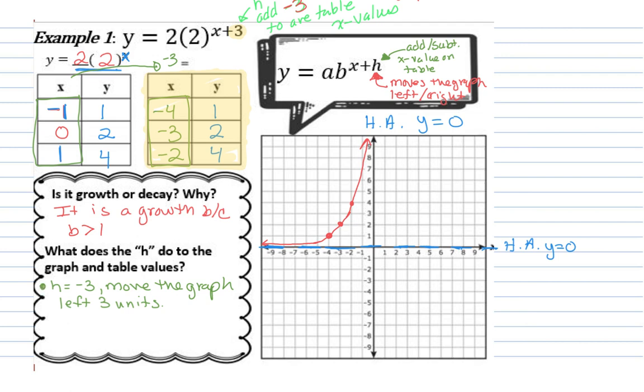Also, H is equal to -3 needs to be subtracted to all X values on the table to get our new table values.